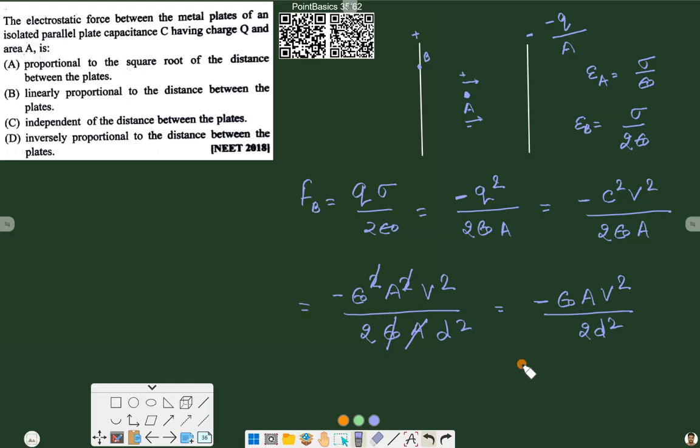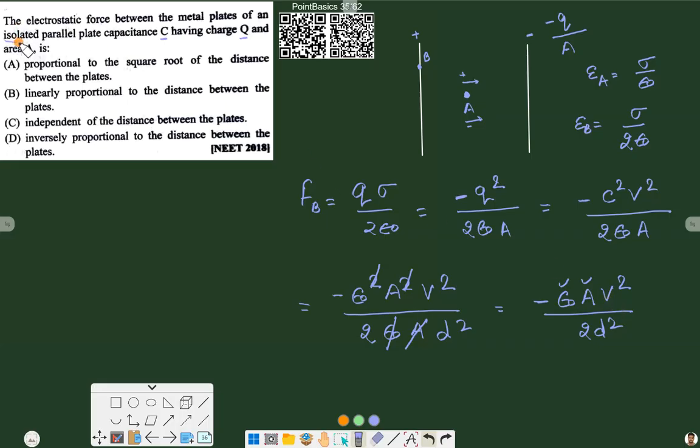Now let's check the variables. According to this relation, epsilon naught is constant and A is constant, and it is mentioned that the capacitor is isolated.